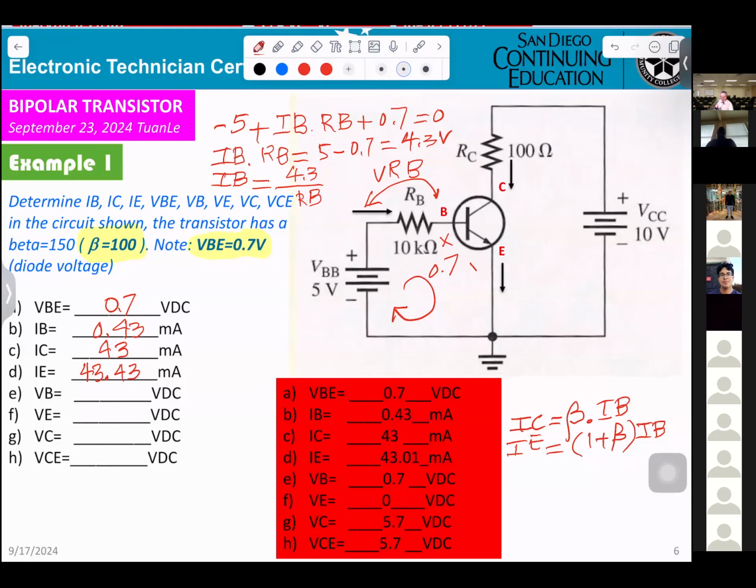Okay, now next, they want to know VB. VB means the voltage at the base to the ground. That means from here to the ground here. You know that will be 0.74.